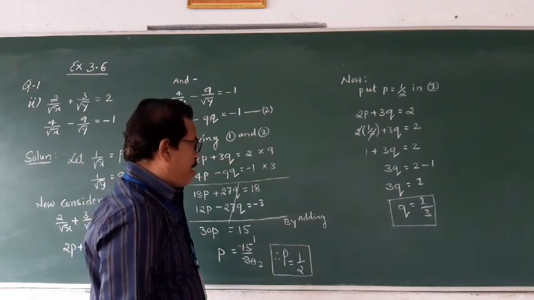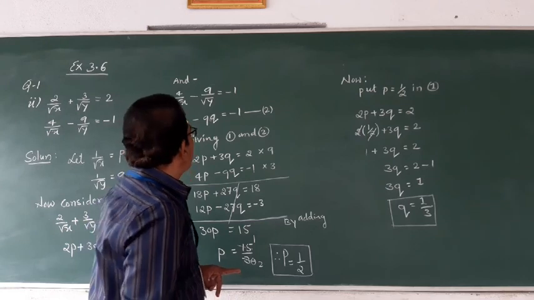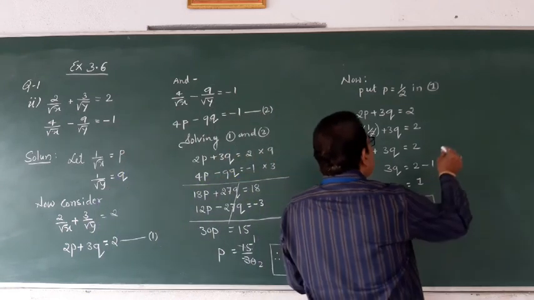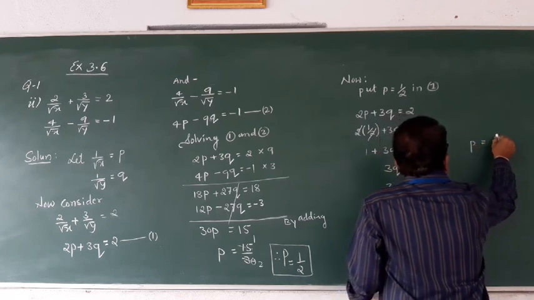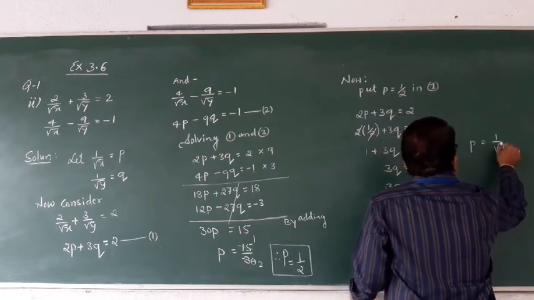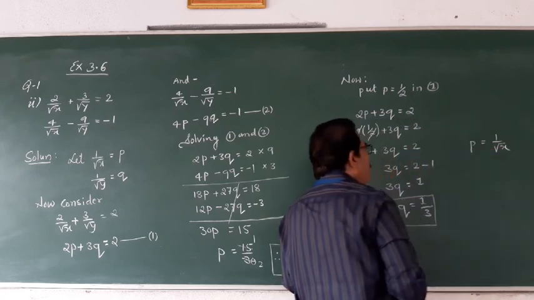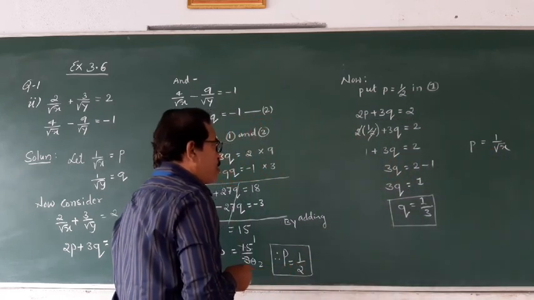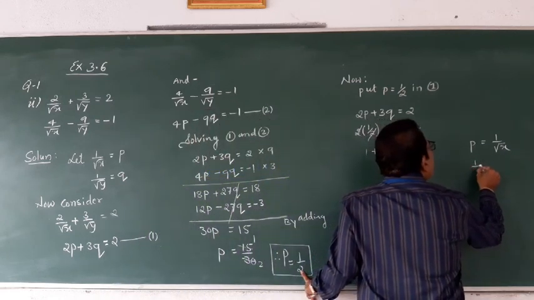Now we have to find the value of x and y. See what we have taken. p equals to 1 by root x. What we have got the values? p as 1 by 2.